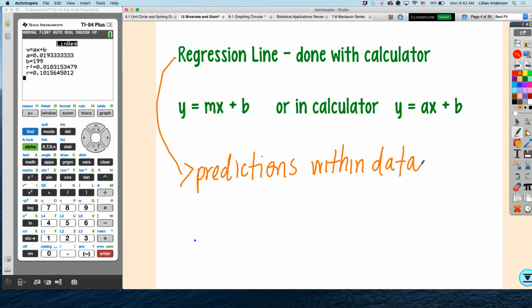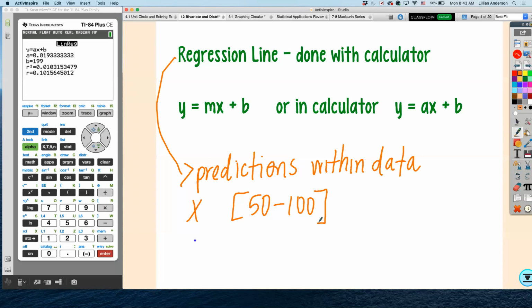So what does that mean? If your X's range goes from 50 to 100, then if your X value falls within that range, it's a valid claim, okay?